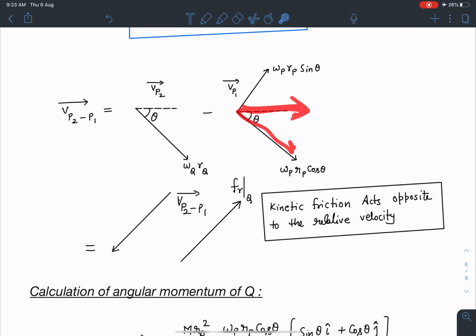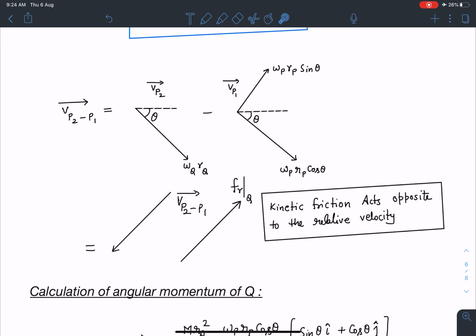When I take two components, this is the cos theta component and this is the omega p rp sin theta, this is the sin theta component. So I have to subtract this, so this and this will cancel each other, this and this will cancel each other. So Vp2 minus Vp1 is actually this side with the negative sign, means its direction is this way. This is the relative velocity direction. So friction on cylinder Q must be opposite to it, which is the direction of n cap. All right, so these are the two arguments which we are using here.